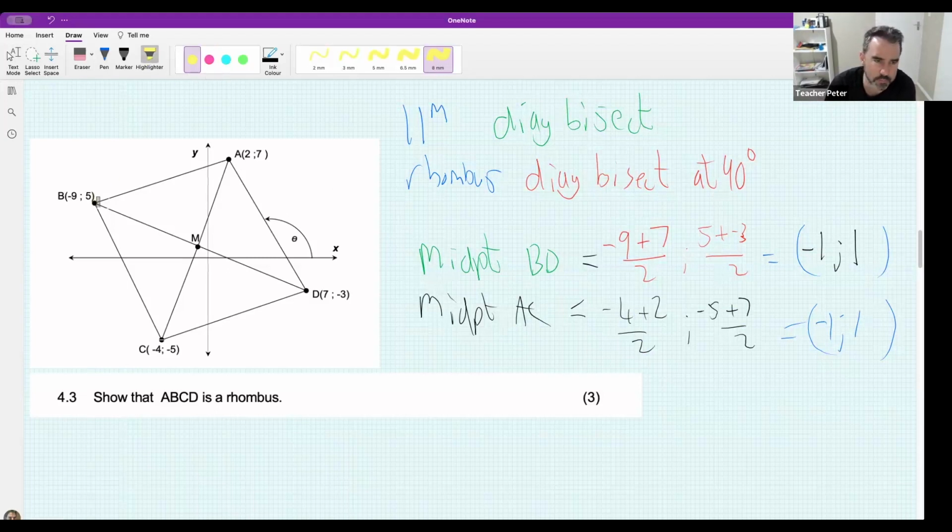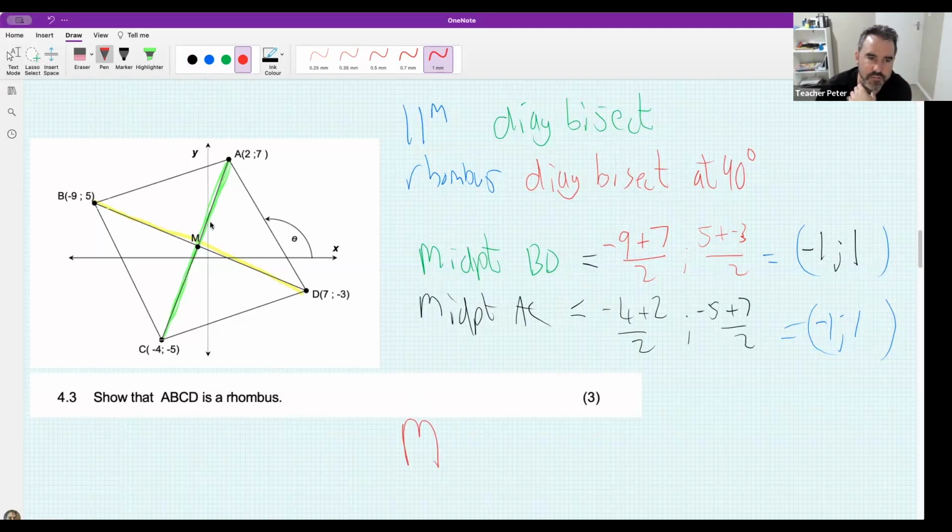Now, how are we going to prove that the diagonals meet each other at 90? We talked about this a little bit in a previous lesson, but what's the quickest way to show that two lines are perpendicular? What formula should I use? I think I need to use the gradient formula.